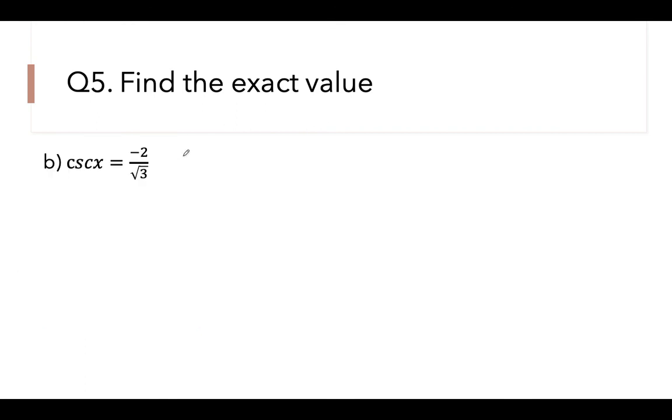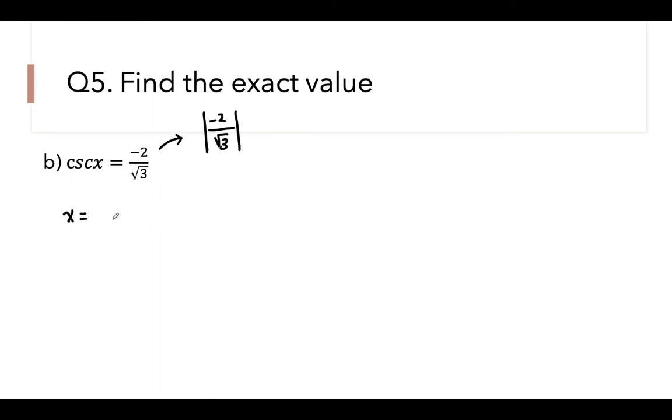So letter B. We have cosecant equals negative 2 over square root 3. Again, we are going to take the absolute value of negative 2 over square root 3 to figure out the related acute.